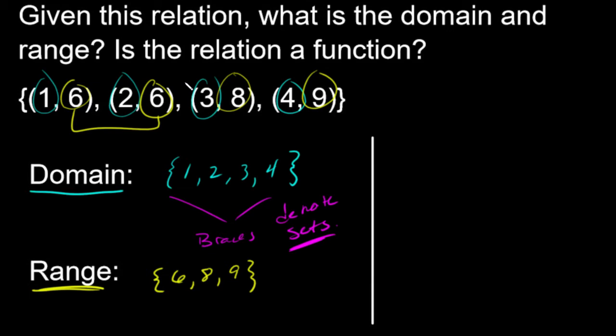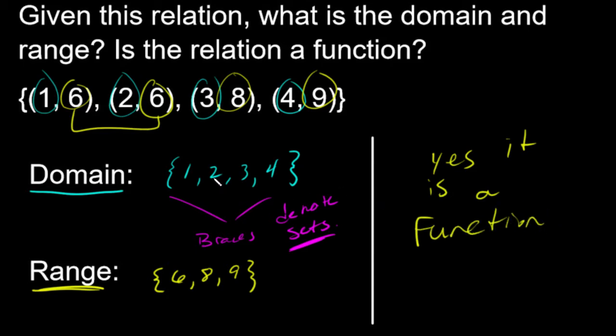So y values can be used more than once, but the same x value cannot use multiple y values. So if this was a 1 and it mapped to 8, then it would not be a function because 1 mapped to 6 and then 1 mapped to 8, okay? But here, this is absolutely a function. Yes, it is a function.